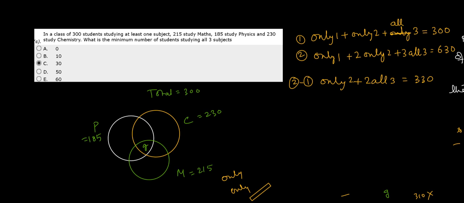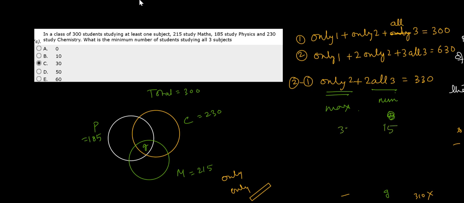Now in this equation, when all 3 is minimum, only 2 will be maximum. So I just put 0. So only 2 would be 330, which is not possible, correct? And I put 15.